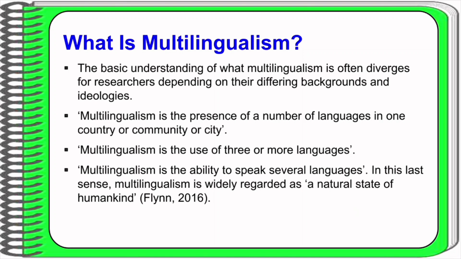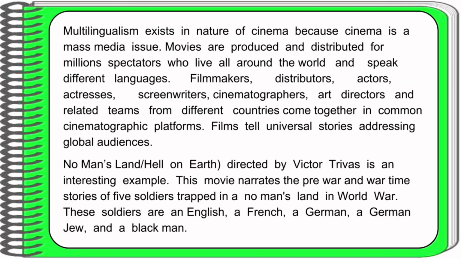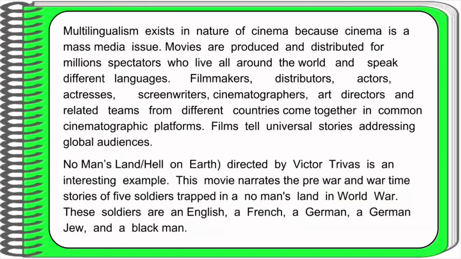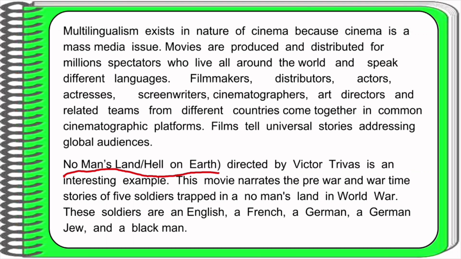Then, add a short note on multilingual movies where you can give some characteristics of a multilingual movie, as highlighted, like a larger number of languages in a movie, then linguistic differences of characters, etc. Here I have given an example of a multilingual movie, that is No Man's Land. Down here, as you can see, No Man's Land on Earth, directed by Victor Trivas. Then, after this, you have to start the review.